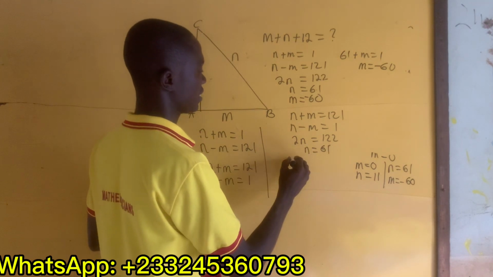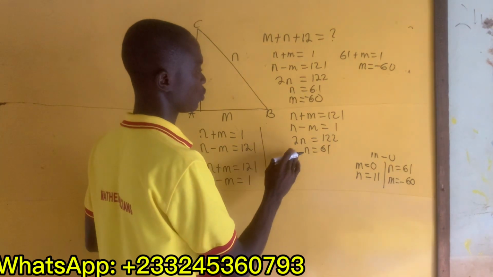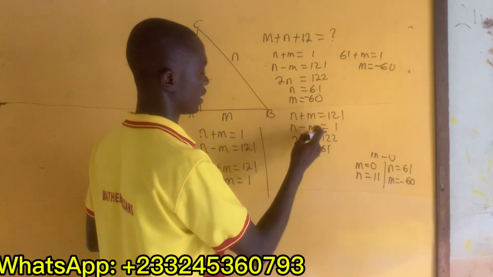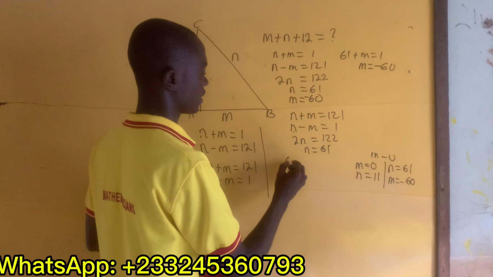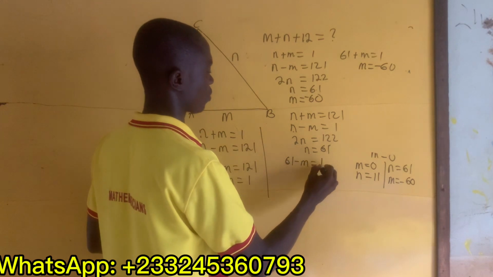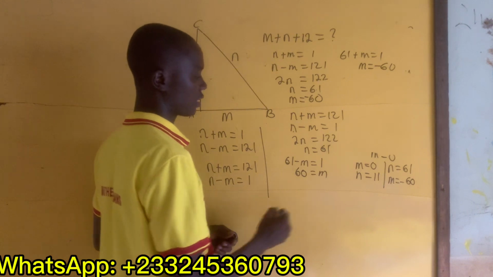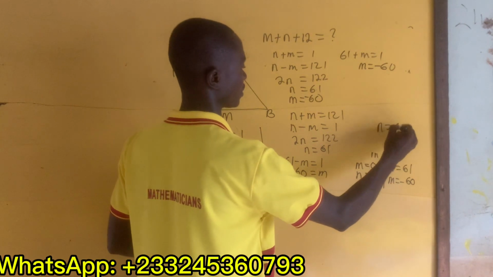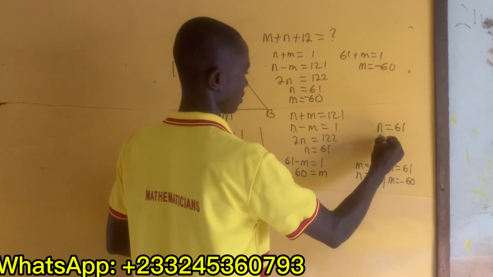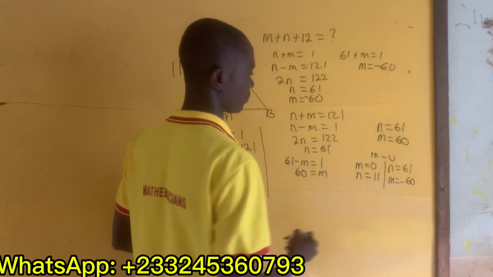If n is equal to 61, let me put it here: 61 minus m equals 1. Then 60 equals m. So another solution is n equals 61, m equals 60.